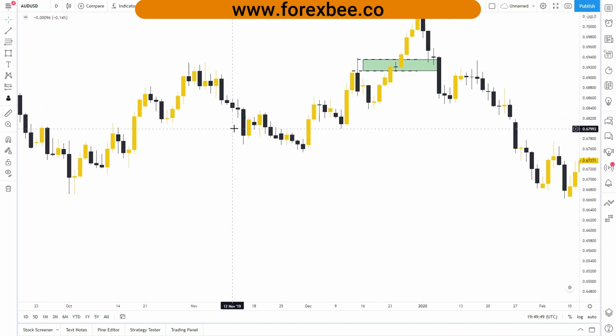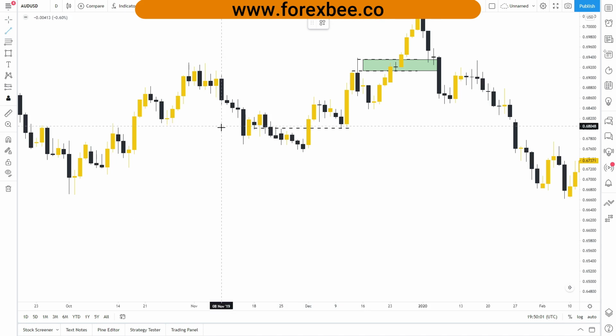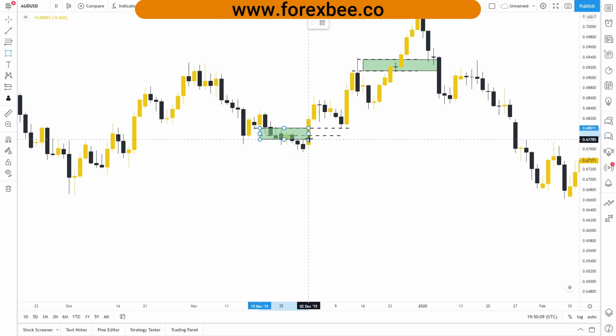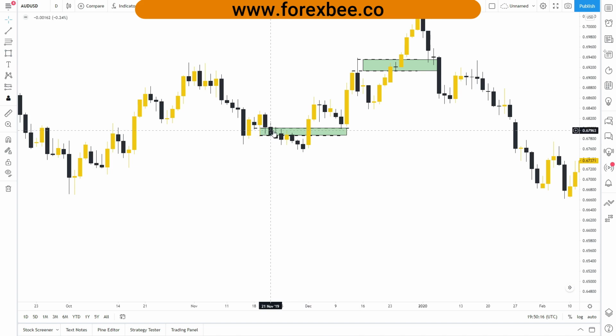And what we can do is draw our horizontal lines here, and then again draw one line here. Now this zone is basically our support zone, and in a similar way, just as I showed you with our resistance zone, you can use this support zone to open buy orders, because you want to take the long position near the support zone.